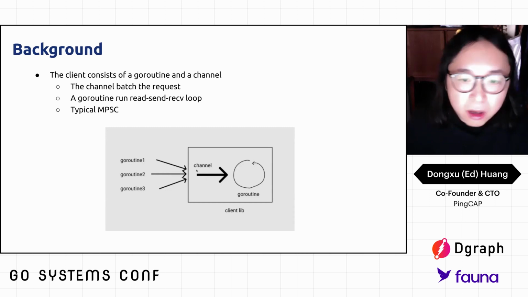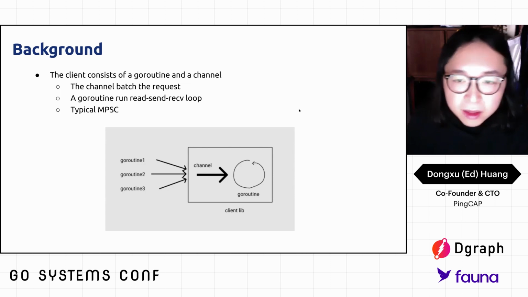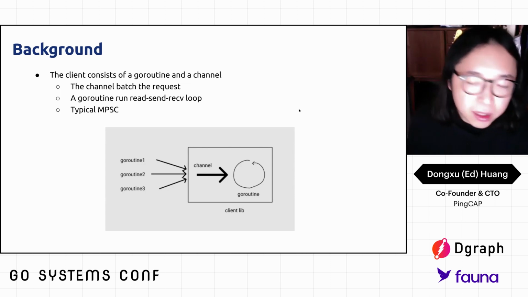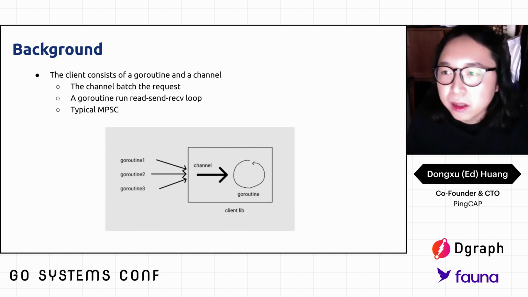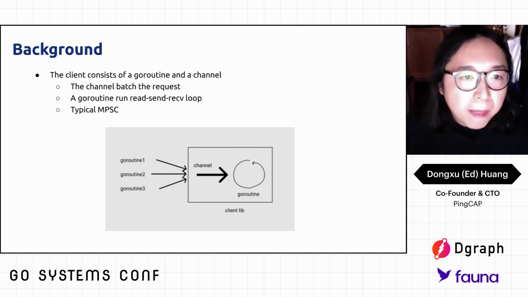This channel is always used to batch the requests. I want to say this pattern is so common. I think every network application written in Go uses this pattern.